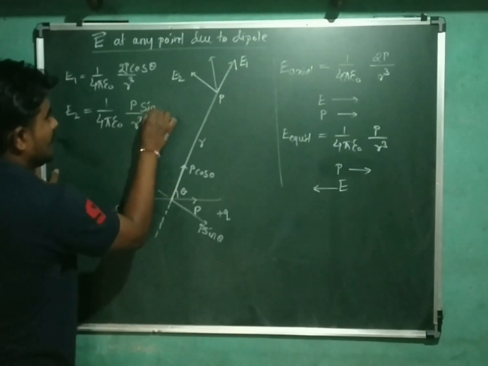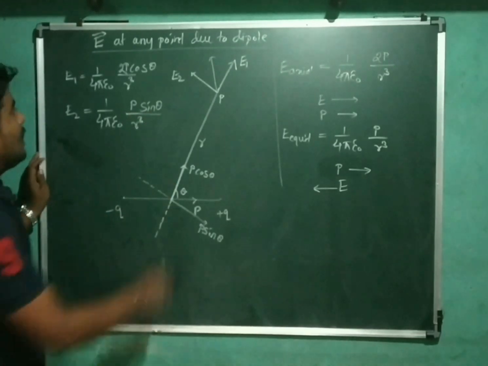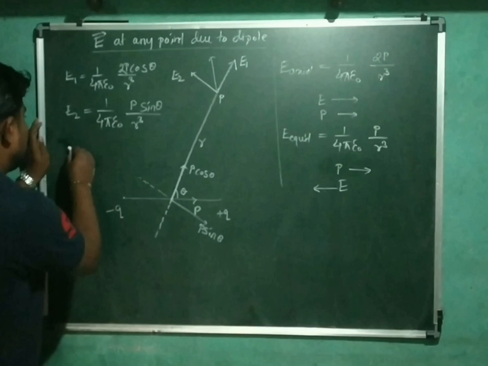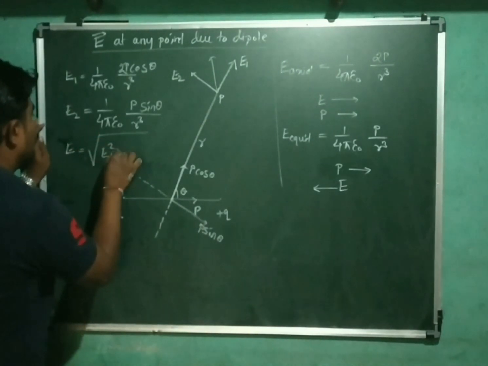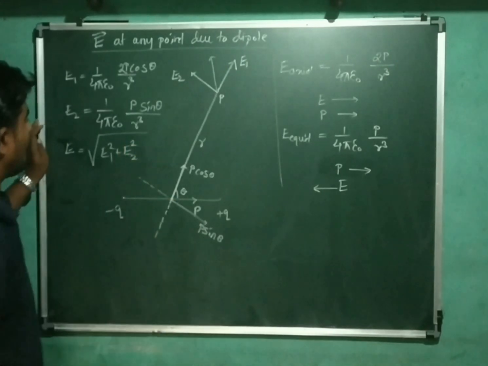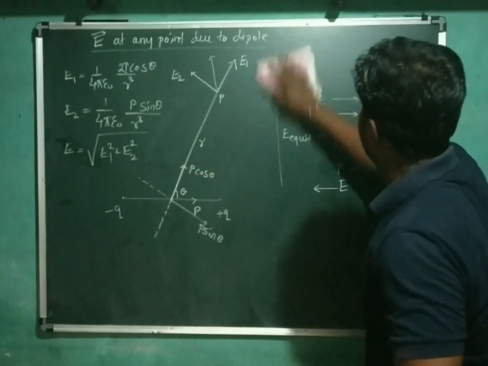Therefore, it is p sin theta divided by r cube. Now, the resultant is calculated as E is equal to under root E1 square plus E2 square. Now, we shall calculate the resultant electric field.